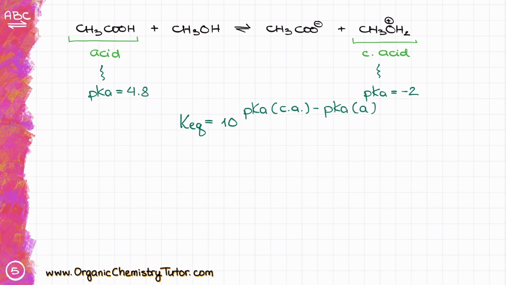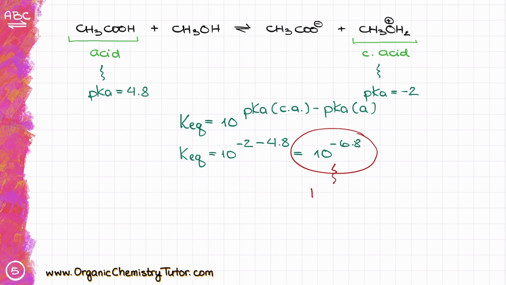So it is the right pKa minus the left pKa. In this case, my equilibrium constant is going to be 10 to the power of -2 minus 4.8, which gives me 10 to the power of -6.8.